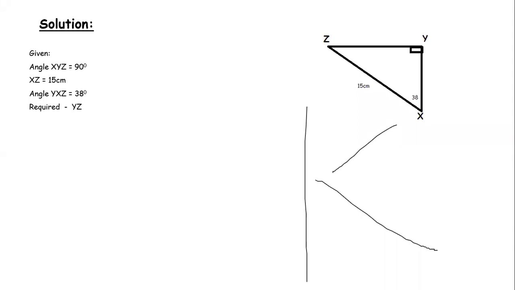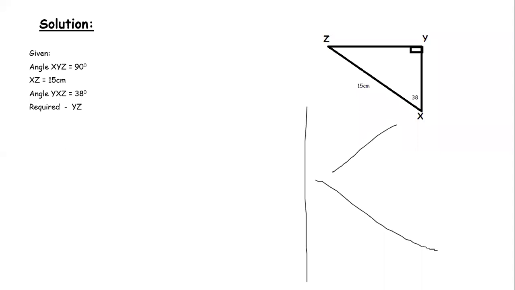So the first thing we need to determine is what is the relationship between all this information that we have been given. Now, if we look closely, we have identified our right angle, then the side we are given, XZ.